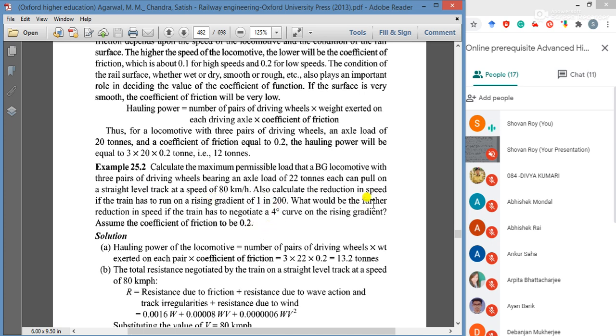Next, what would be the further reduction in speed if the train has to negotiate a 4-degree curve on the rising gradient? Now another thing is added, that is curvature.